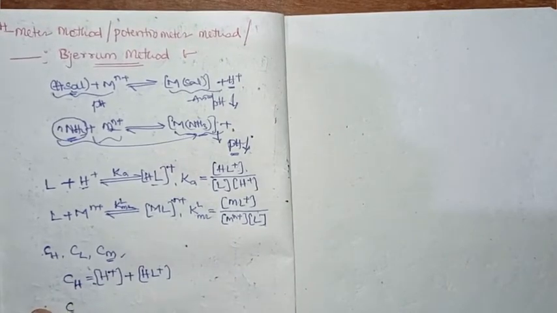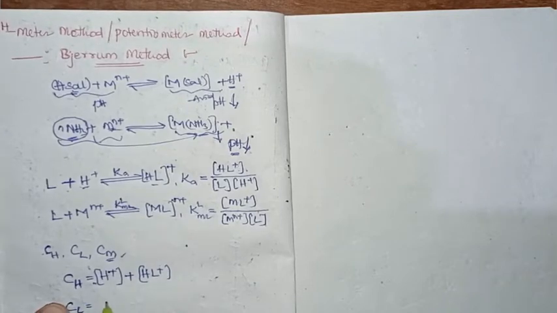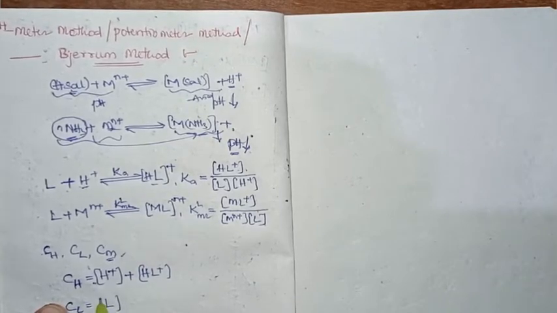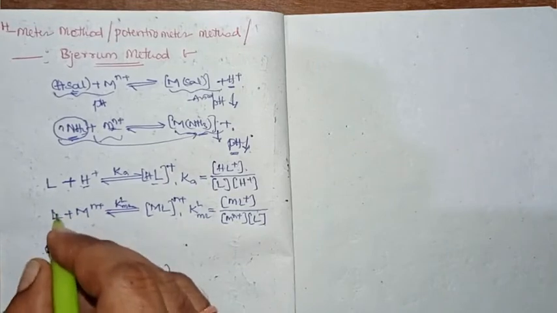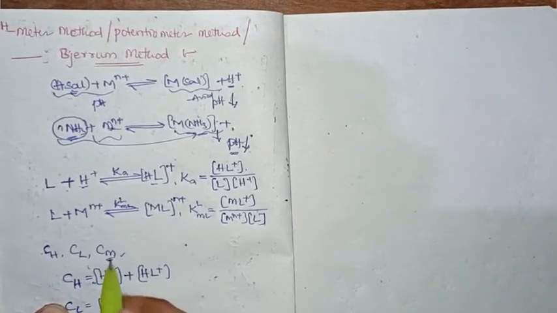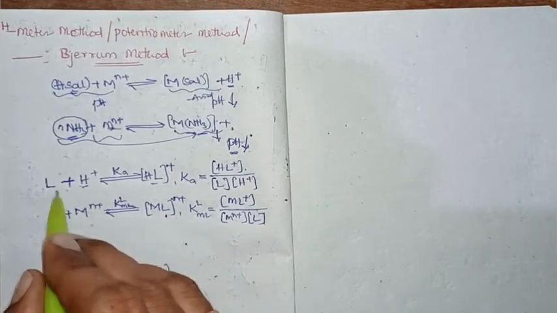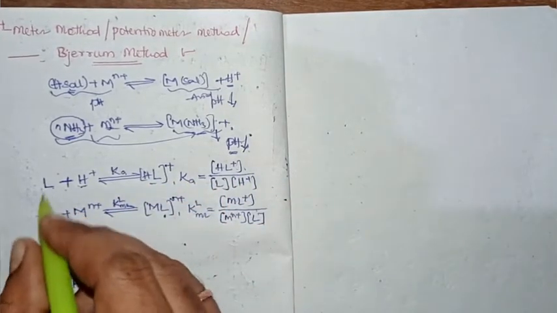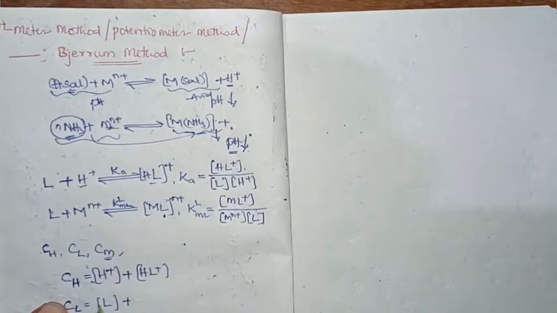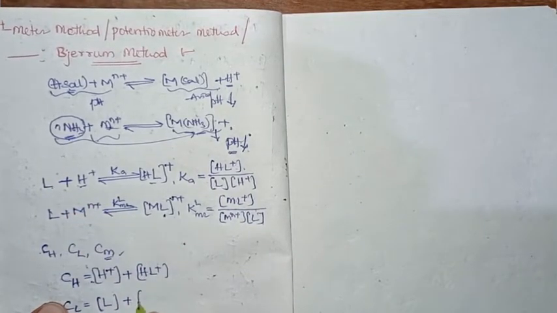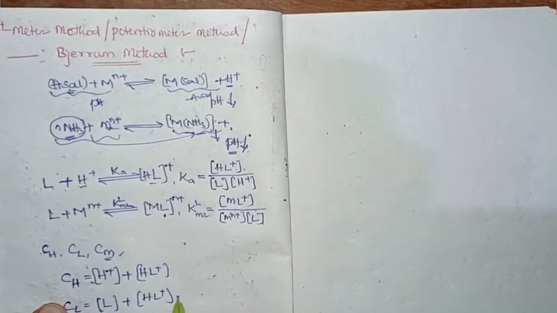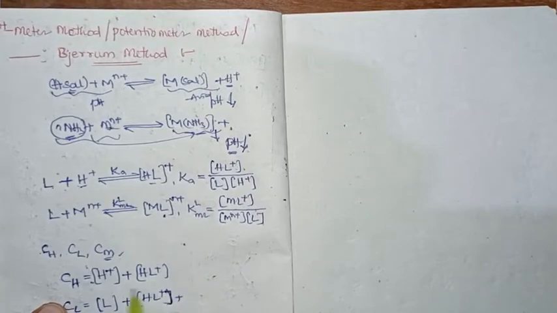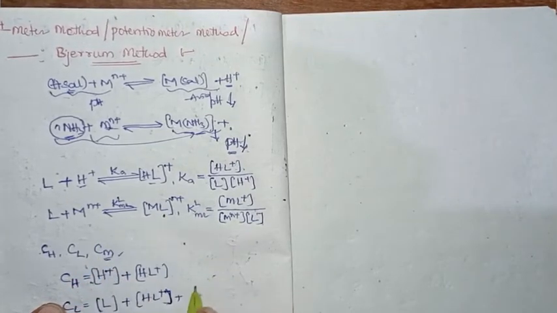Same to that, the initial concentration of ligand could be equal to the remain ligand concentration. In both cases, the remain ligand will result. The protonation of ligand may not be fully complete, so there remains some amount of ligand, plus some amount of protonation that is happening, and plus some amount in complexation.